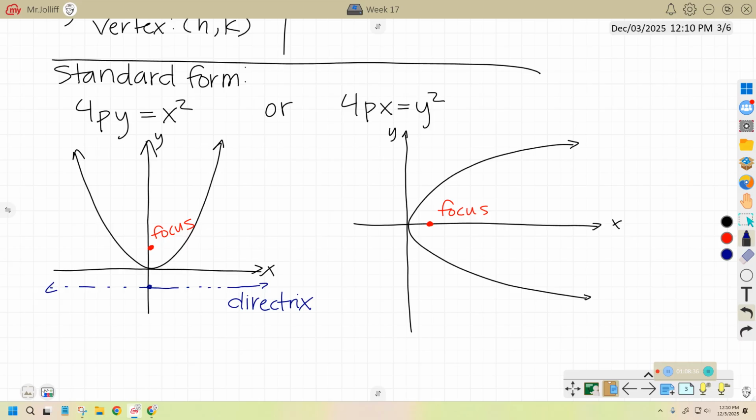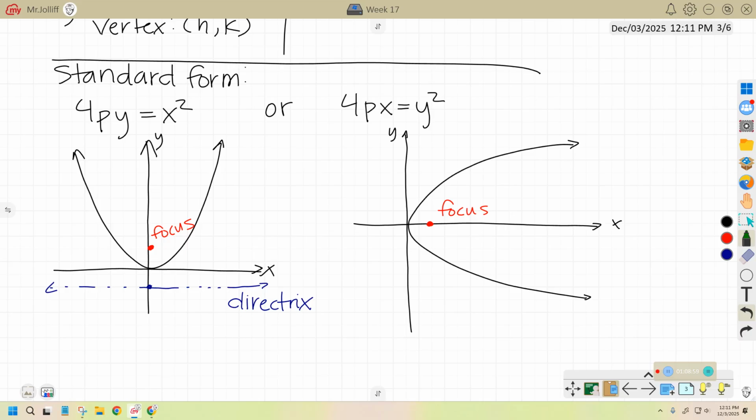Why a directrix? Here is the answer. That shape is defined by the relationship between the points on the curve and where they are relative to the focus and that line.